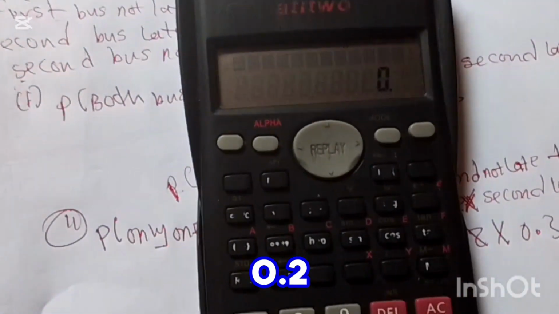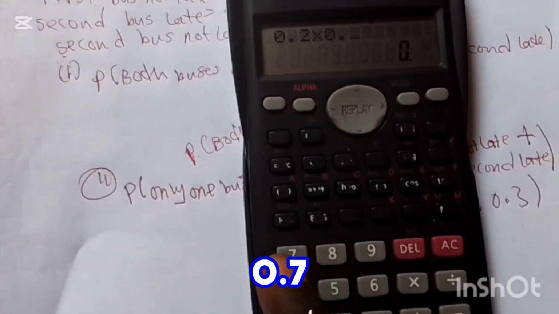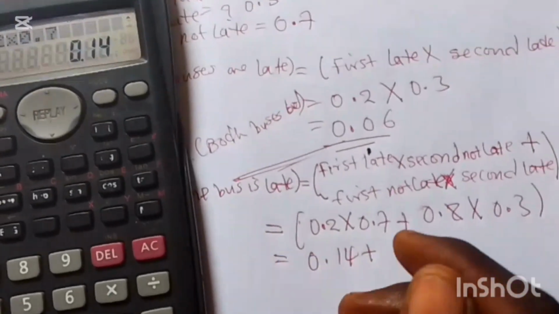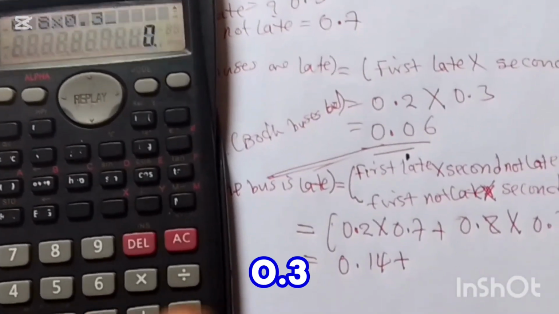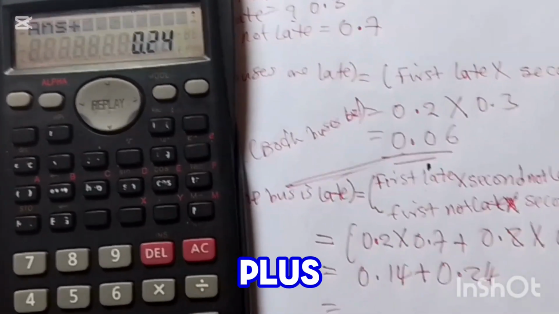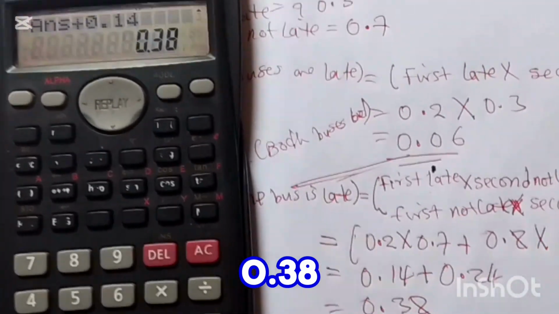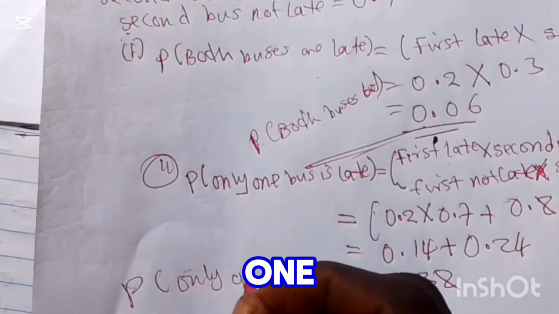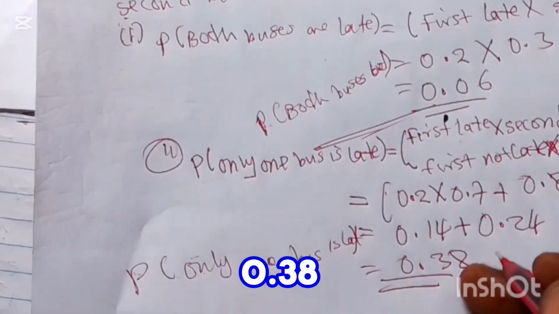So 0.2 multiplied by 0.7 is 0.14, plus 0.8 multiplied by 0.3, which is 0.24. Adding 0.14 gives 0.38. So this is the answer. The probability of only one bus being late is 0.38.